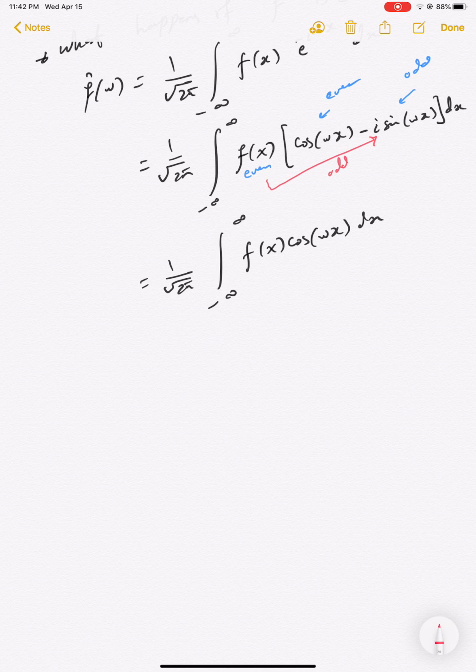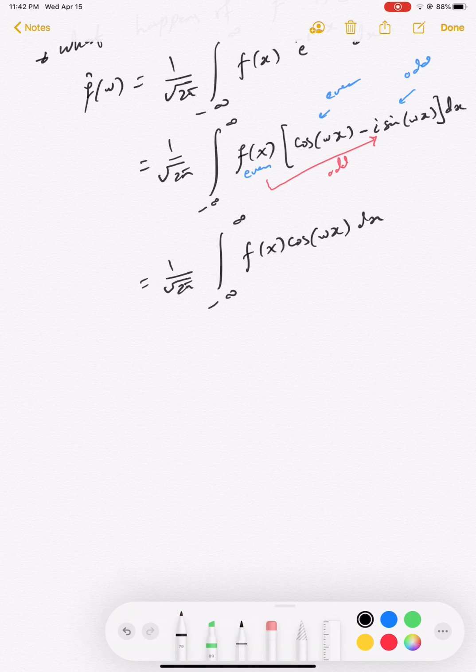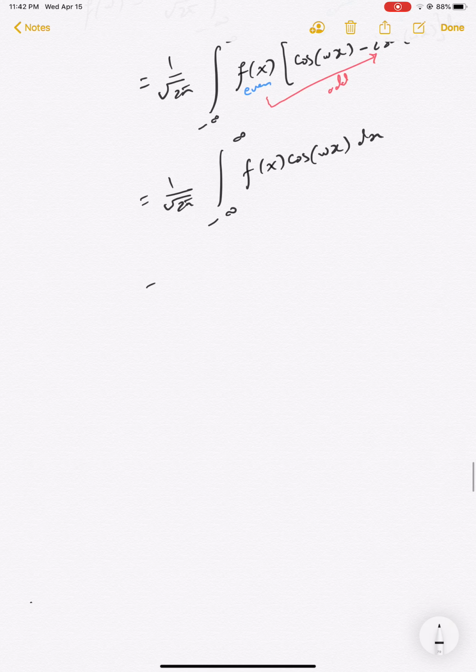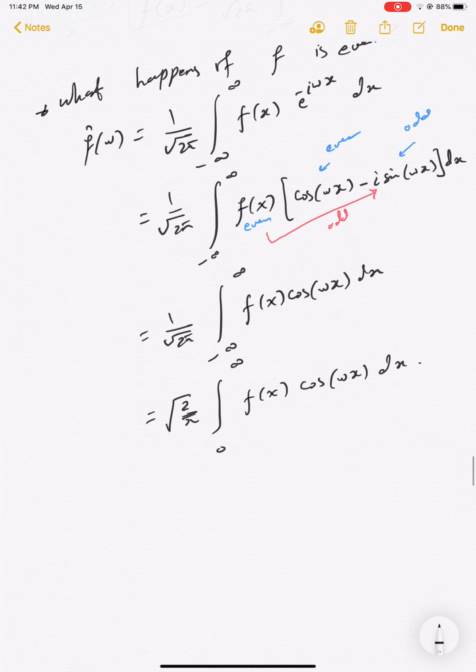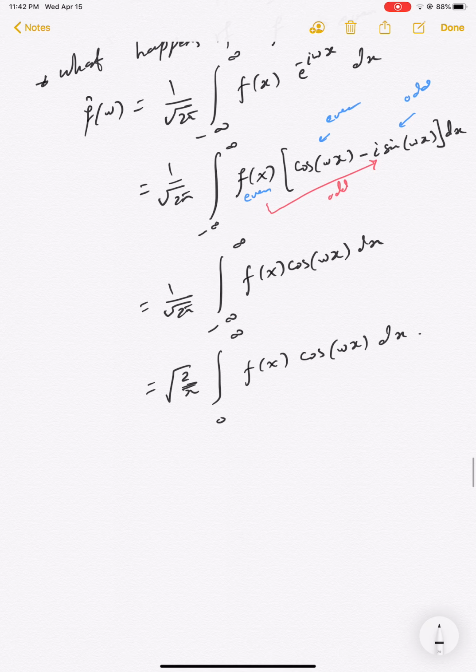When you multiply them, you get an odd function, and the integral of an odd function is 0 from negative infinity to infinity. So basically this is what we are left with. And because the function is even and the cosine is even, this integral is double from 0 to infinity. So this is what happens if the function is even, then the Fourier transform is equal to this.